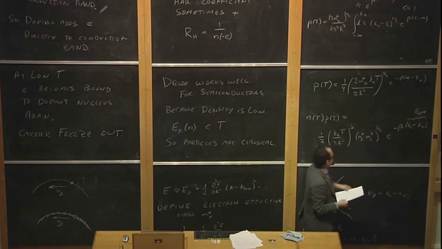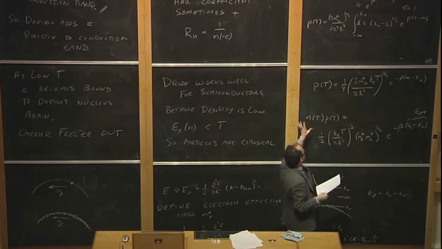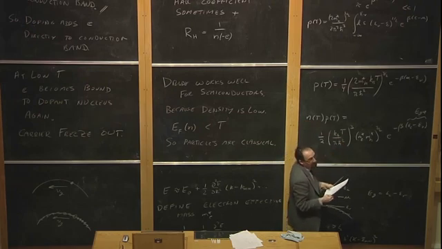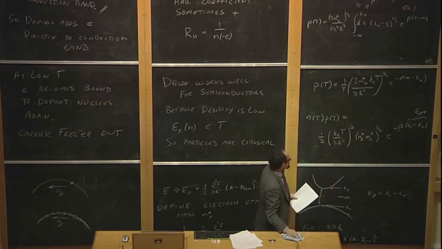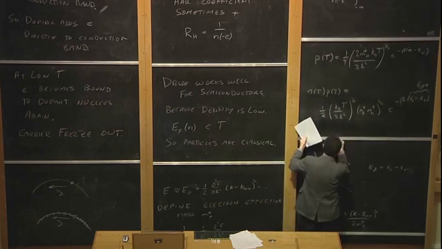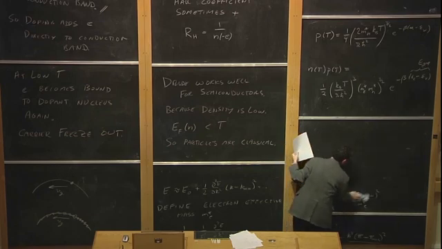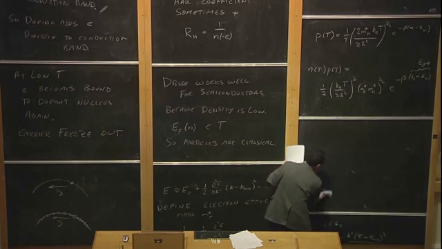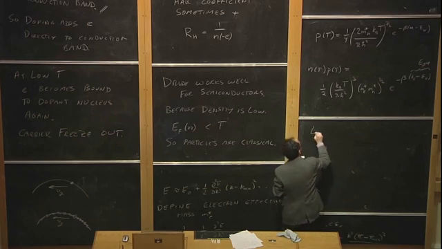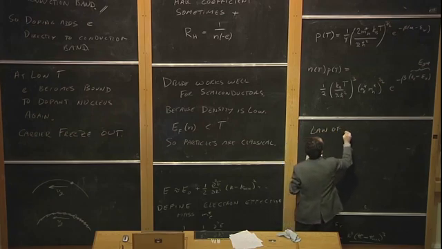So if you know the gap energy and you know the temperature, you know the product of the number of electrons in the conduction band and the number of holes in the valence band. And this very important law is known as the law of mass action.